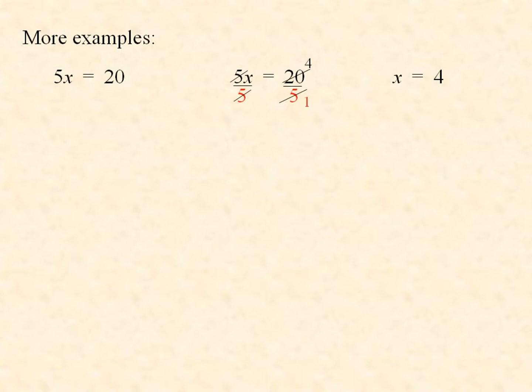So we end up with x equals 4. Another way to solve this problem is to multiply both sides by the reciprocal of 5, which is 1/5. That will cancel the 5 in front of the x. And 5 into 20 is 4 again. So once again, we get x equals 4.